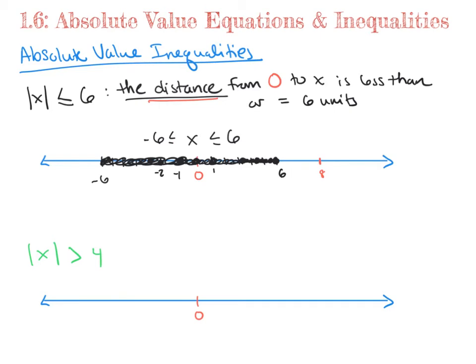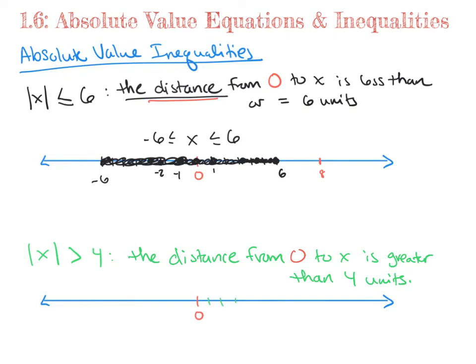Okay, on the other hand, if we have a greater than sign, so the absolute value of x is greater than 4, then this can be translated to mean the distance from 0 to 4, or I'm sorry, 0 to x is greater than 4 units.